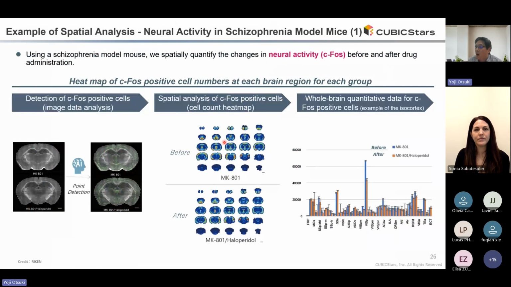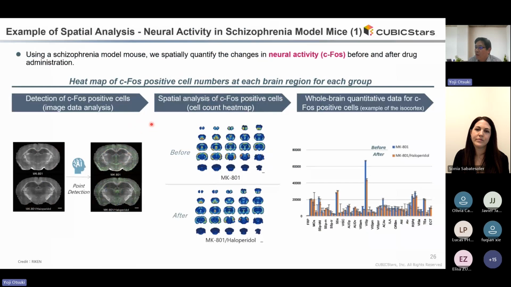Another example, particularly for drug discovery, is the analysis of cell activities inside the organs. In this case, the researchers focused on drugs for the central nervous system.